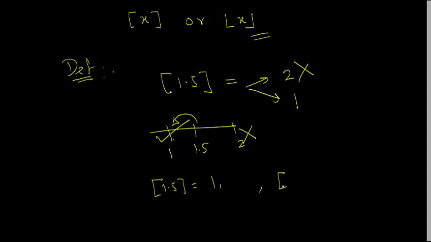Similarly, if I take one more example, greatest integer of 1.99999, its value will be just 1, because the integer on the left side of this is 1. Don't think it is 2, don't round off, it's not a round off function. Now if we have greatest integer x where x belongs to 1 to 2, what should be its answer?